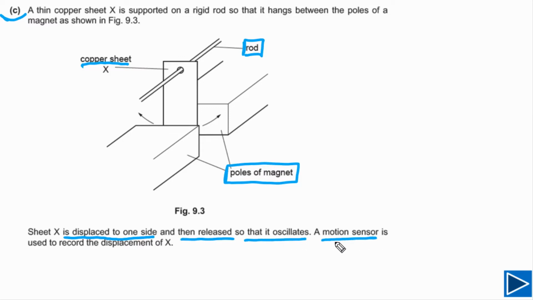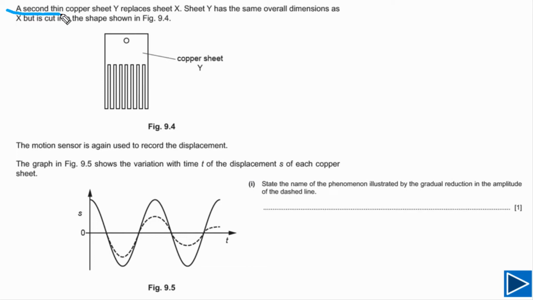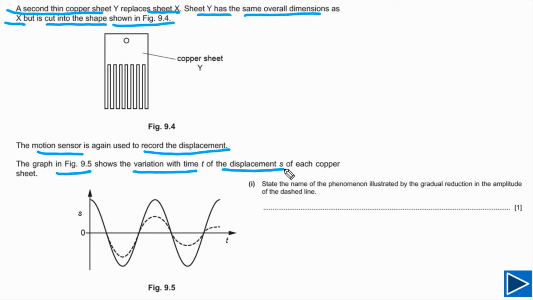A motion sensor is used to record the displacement of X. A second thin copper sheet Y replaces X. Y has the same overall dimensions as X but is cut into the shape shown in figure 9.4. The motion sensor is again used to record the displacement. Figure 9.5 shows the variation with time t of the displacement S of each copper sheet.